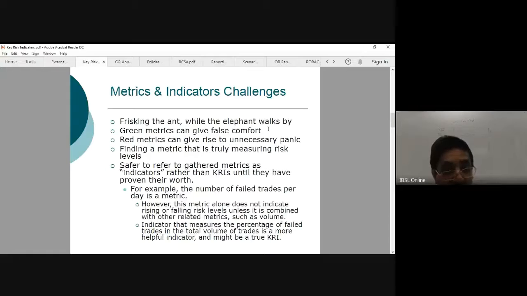Now, to get a particular KRI identified, before that, there should be a time through which you need to do an analysis, and whether it is valid as an indicator, valid as a key risk indicator. Till that time, we just say it is an indicator, not a key risk indicator.